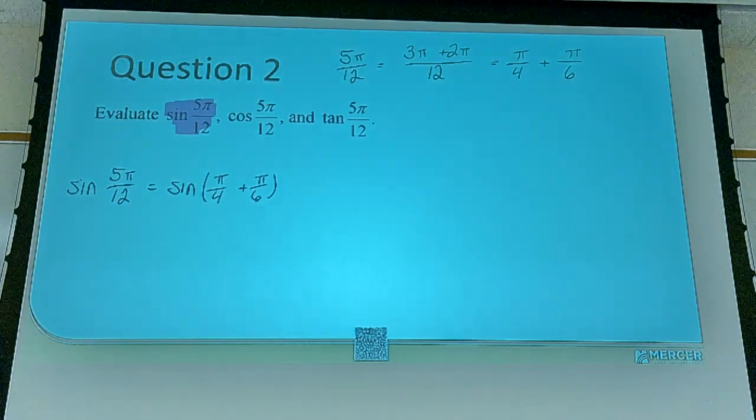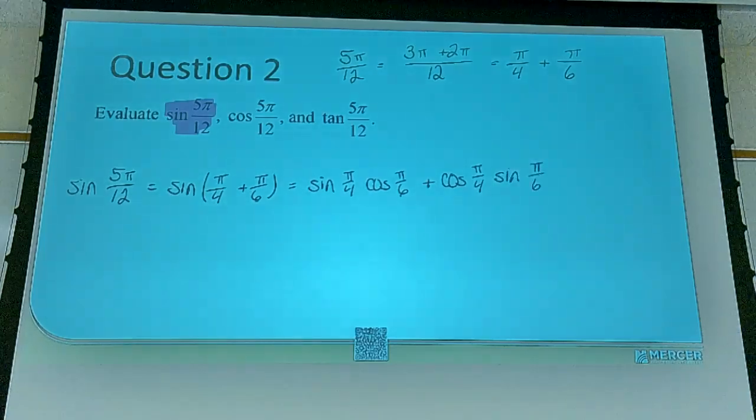Some identity on sine. This will be sine of pi over 4 times cosine pi over 6 plus cosine pi over 4 times sine of pi over 6. We already did sine pi over 4, right?